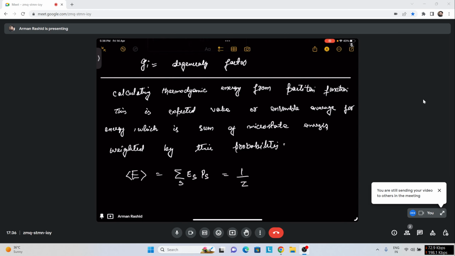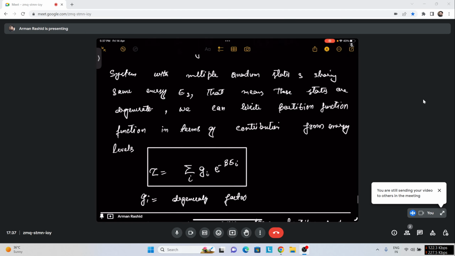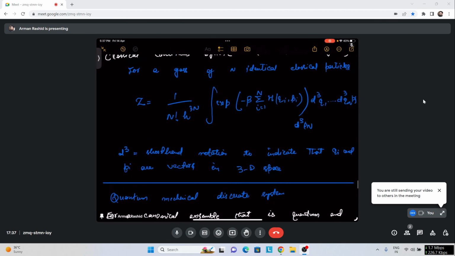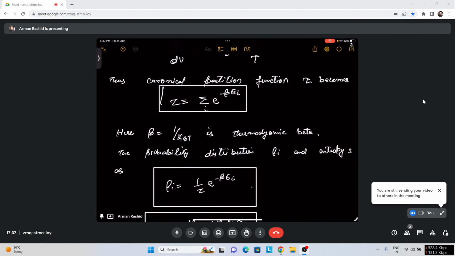So we'll write 1 by Z summation over s Es e raised to the power minus beta Es. Here the probability of state s is given by e raised to power minus beta Es divided by Z, that we have shown before in the probability part. So this one we are using.